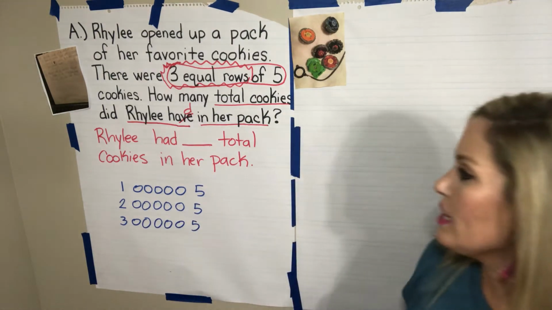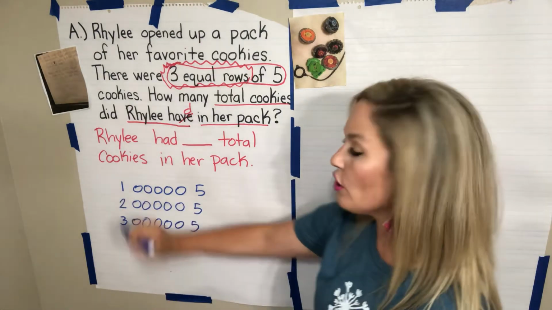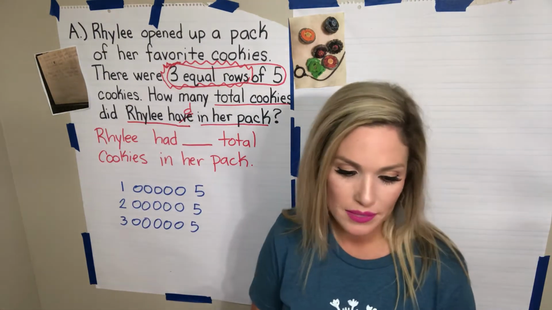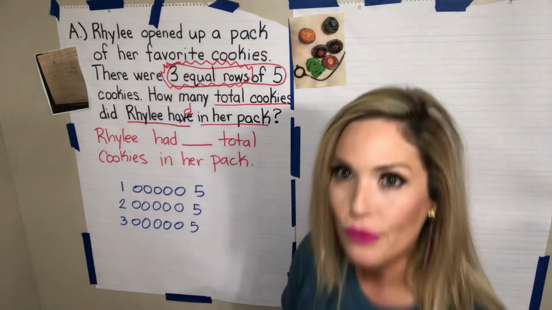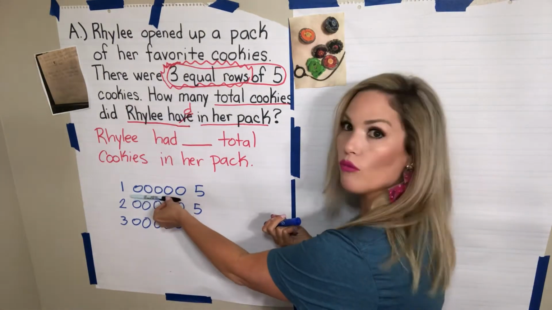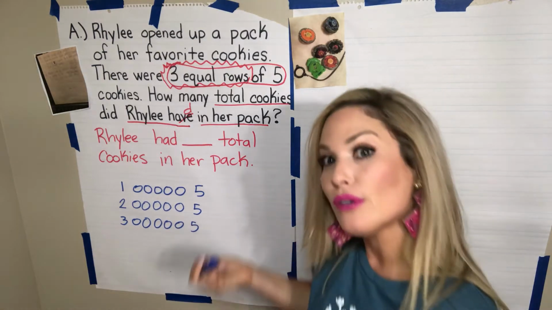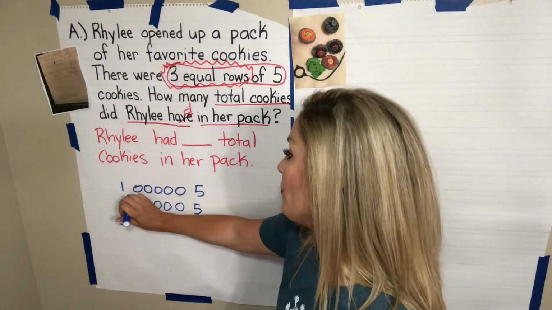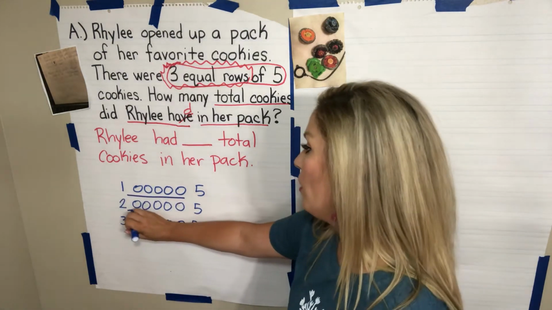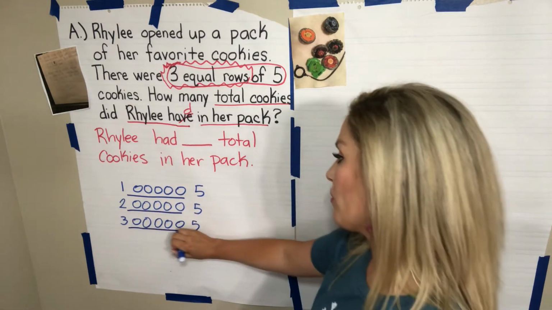So she has 1 row, and sometimes in class what we would do is take our pencil and separate. I have 1 row, 2 rows, 3 rows. You can draw a line to separate your rows. Here's 1 row, 2 rows, 3 rows.